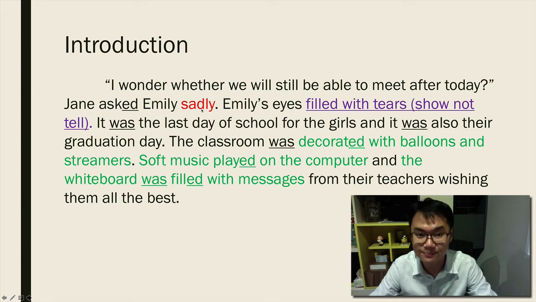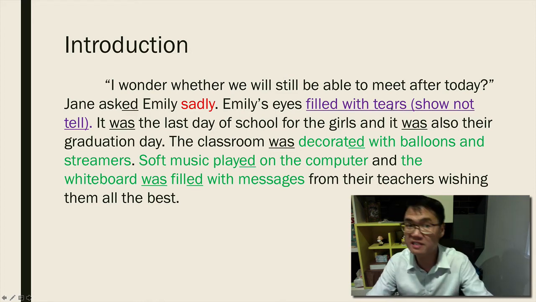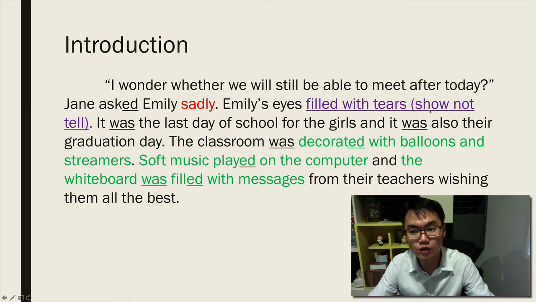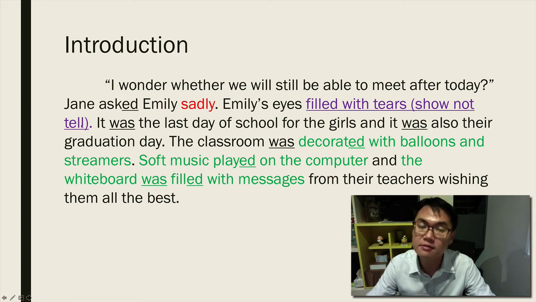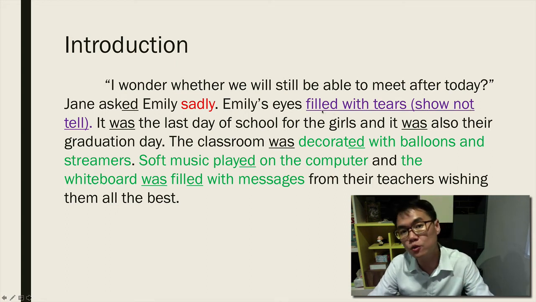sadly. "Emily's eyes filled with tears." Now notice I didn't say Emily was sad or Emily was depressed because I'm using the technique of show, not tell. Instead of telling you that Emily was really sad, she was really down, I describe Emily's eyes filled with tears.